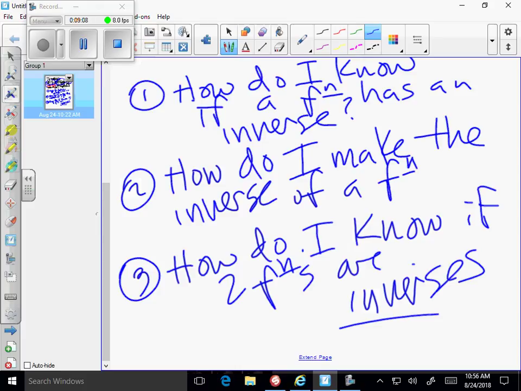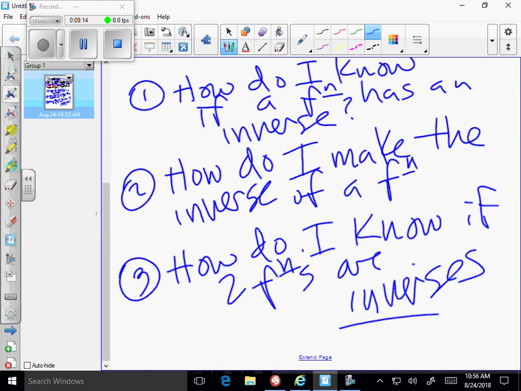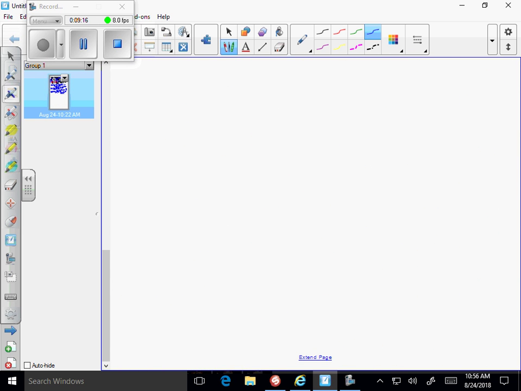Let's start first with, how do I know if a function has an inverse? So, what can we say about that? Well, we know that these functions all had inverses. Lots of functions have inverses, but not all functions have inverses. Let's take a look.